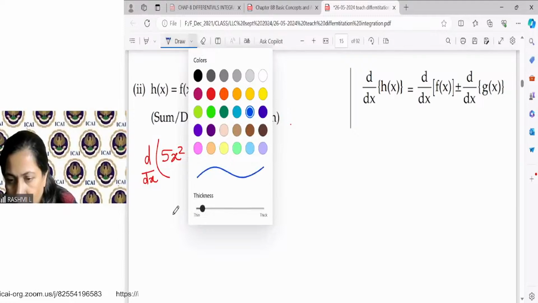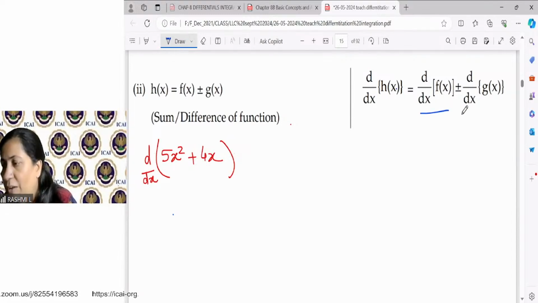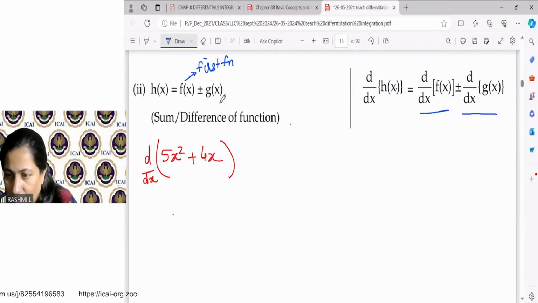If my h(x) is an addition or subtraction of two or more functions, then d by dx of h(x) will be d by dx of f(x) plus d by dx of g(x). So this is my first function and this is my second function.